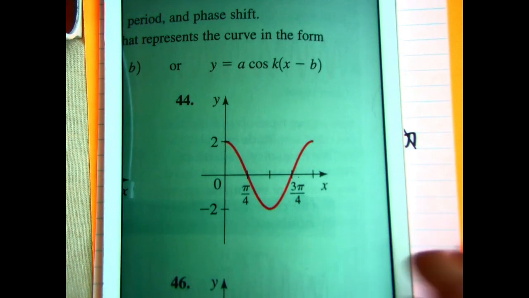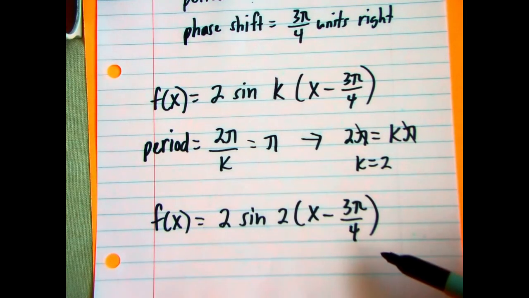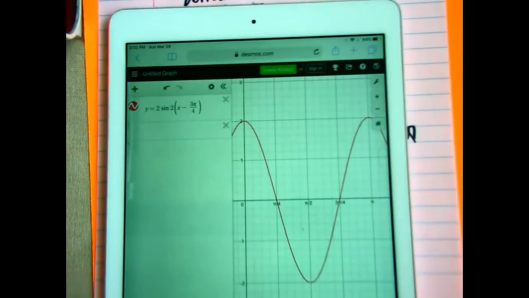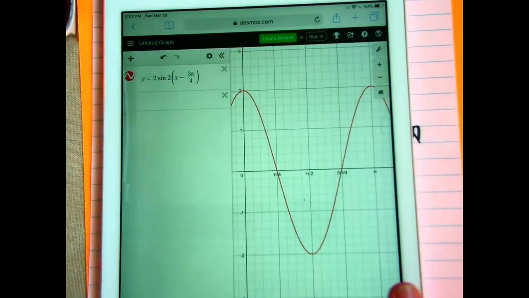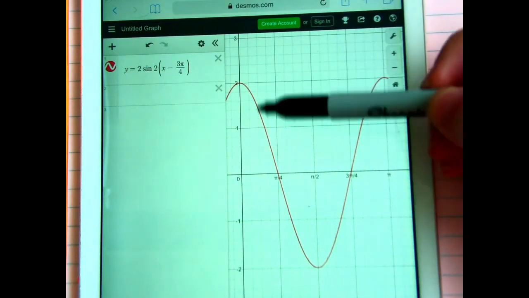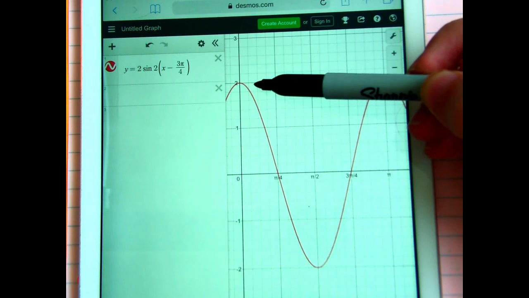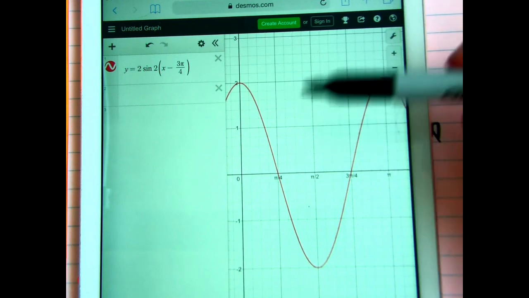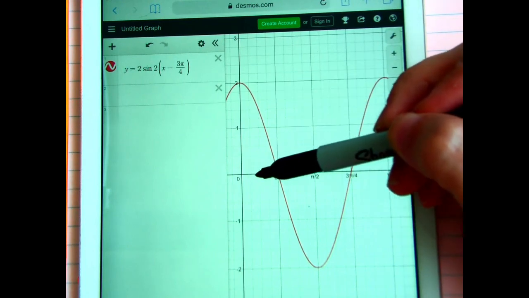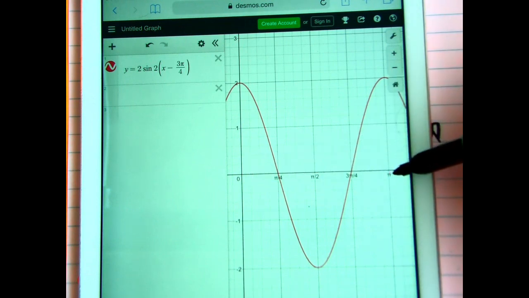And like I always say, let's use our trusted friend Desmos. So let's check our work. When I put into Desmos the equation that we wrote together, I just want to see if we get the same picture as the one that's in our book. So the one that Desmos shows us has an amplitude of 2. It has a period of pi.